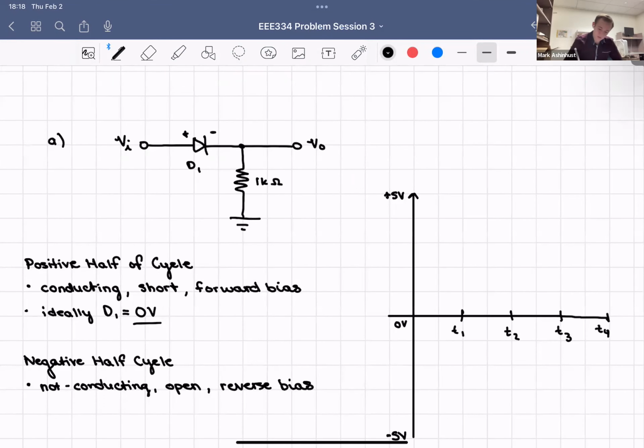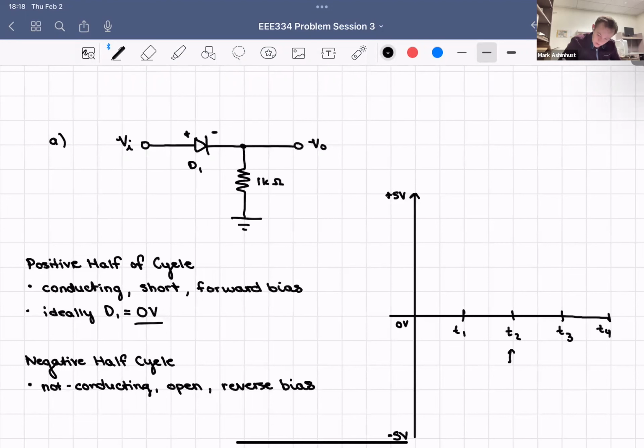So when doing this, 0 to T1 will be conducting because it's sine waves. So 0 to T1 is going to be that positive sign, positive that voltage. We can define, so what I'll say is T2 is going to be a full period there. So we're running at 1 kilohertz.